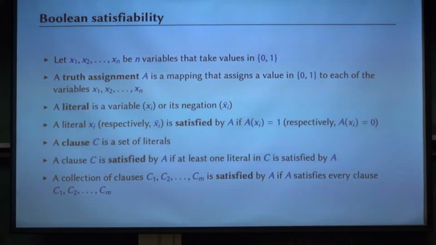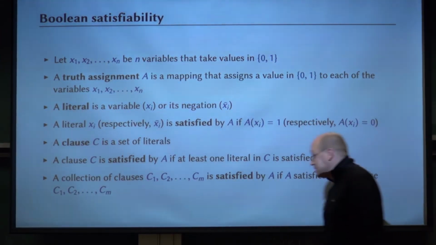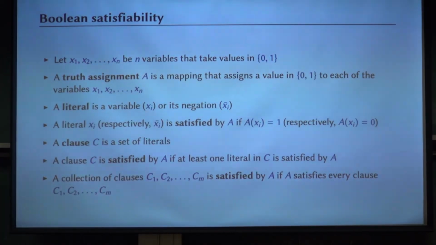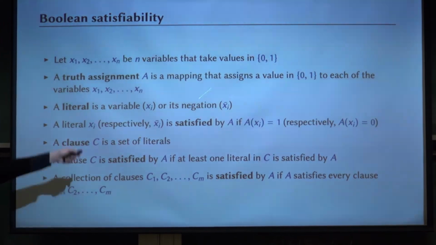Very good. So let's look at the Boolean satisfiability problem. I'm sure that everybody in the audience is already familiar with this, but let's at least look at the notational conventions we are going to be using and how the instances look. So x1 through xn, let them be formal indeterminates that in general take values in 0, 1, meaning false and true as usual, but of course we may want to extend this to an arbitrary field eventually.